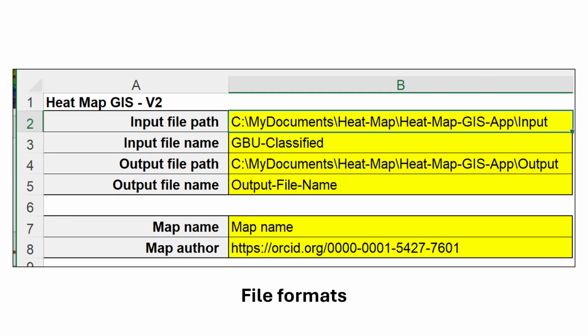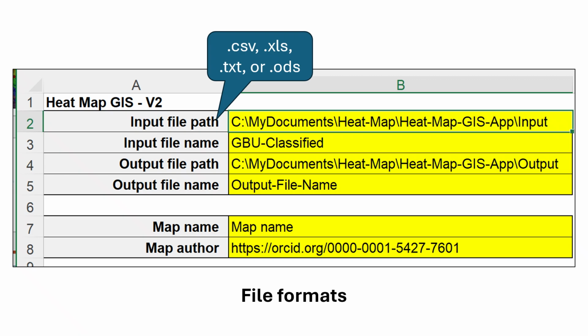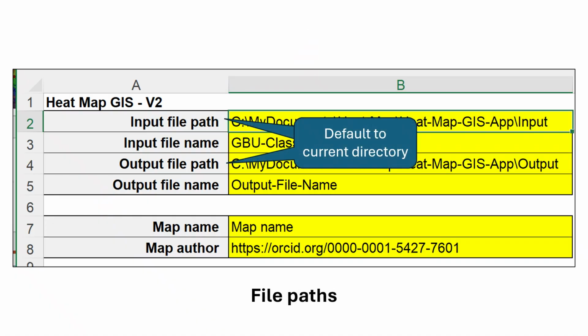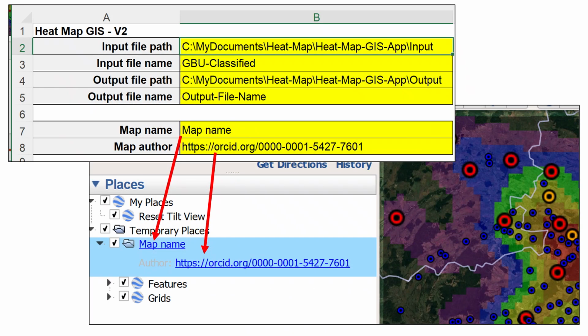Moving on, the app accepts input files in CSV, XLS, TXT, and ODS formats, and produces files in KML format. If you don't provide file paths, the app defaults to the current directory. The map name and map author are embedded in the output KML file.